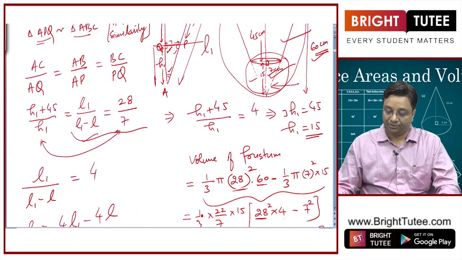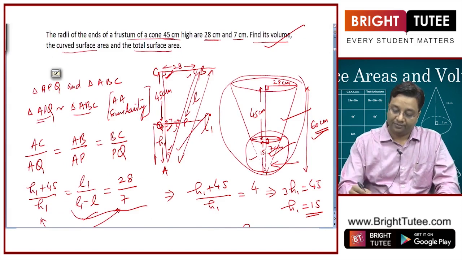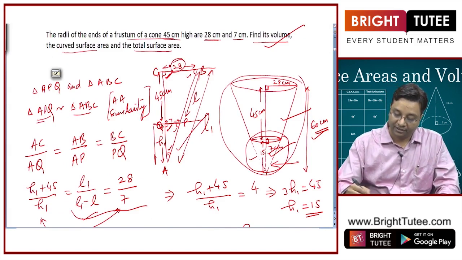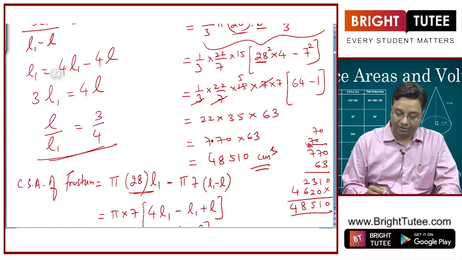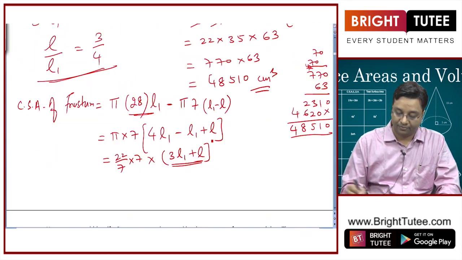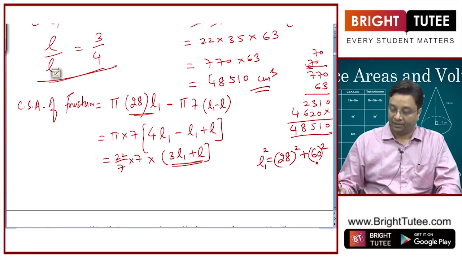Let us find these values. Look at this bigger triangle. This dimension is 28 and this is 60, right? We found the height 60. So what will be the slant height L1? L1 square is equal to 28 square plus 60 squared, right?